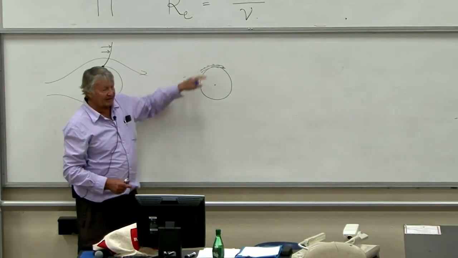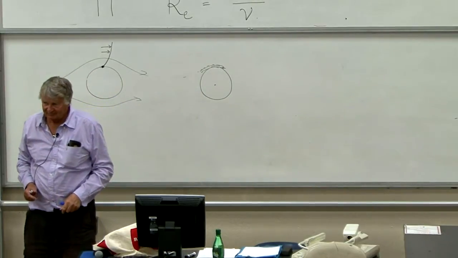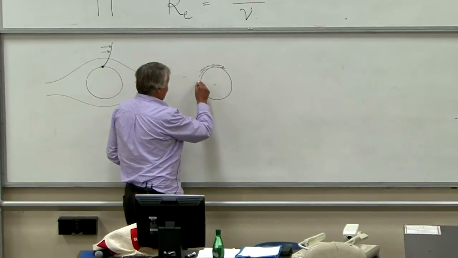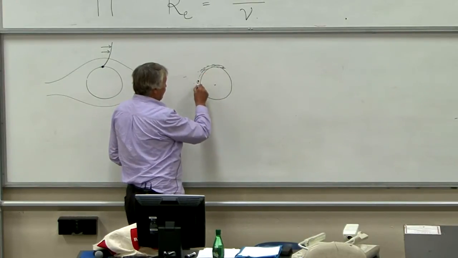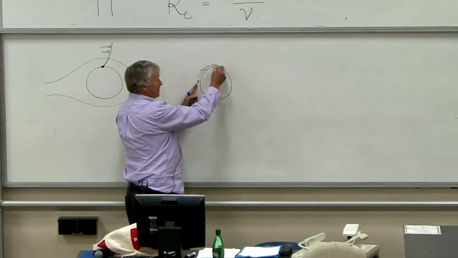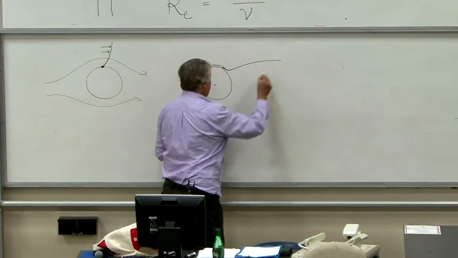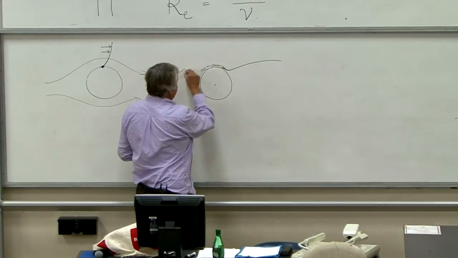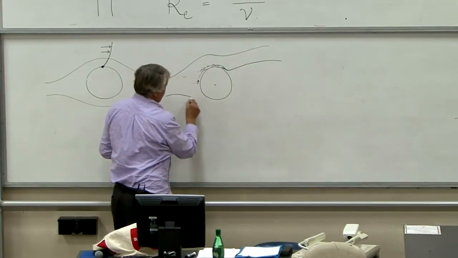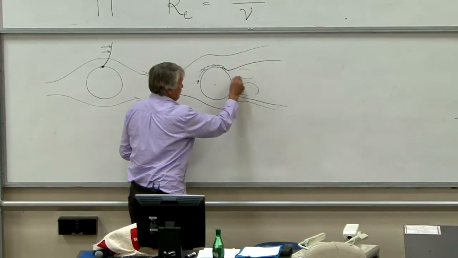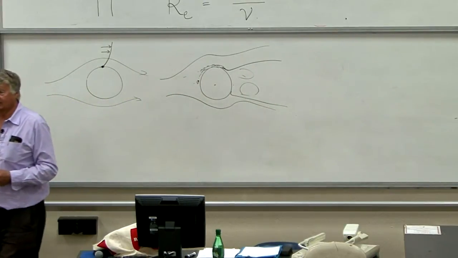But because there's a little bit of friction, there's not enough pressure to get a little blob of fluid from this high pressure to the low pressure and back up to the high pressure again. So what you get is it'll separate. So the flow separates, like this. And you get little vortices and things like that coming off.